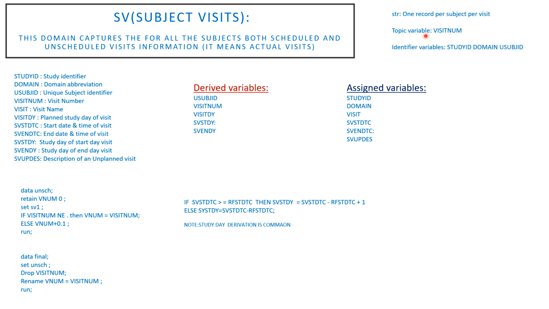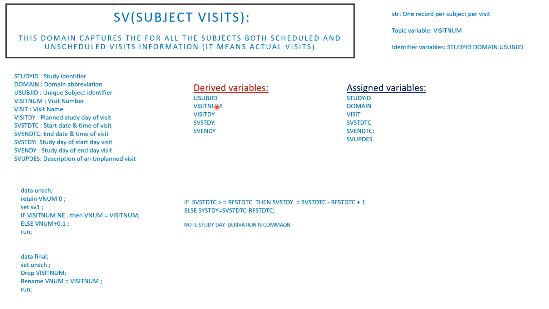The topic variable is visit number. Identifier variables are study ID, domain, unique subject ID. The variables are study ID, domain, unique subject ID, visit num, visit, start date, end date, study day of start date, study day of end date, and description of unplanned visit.